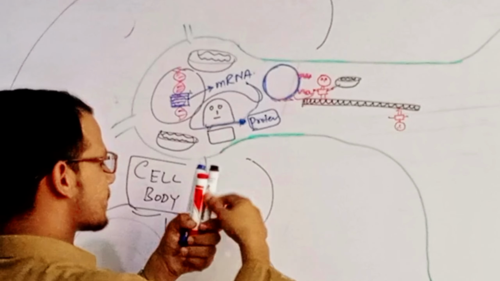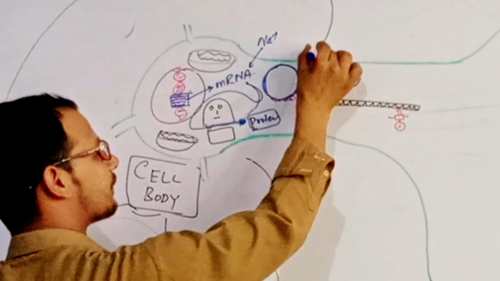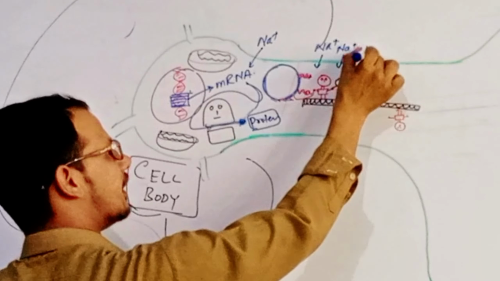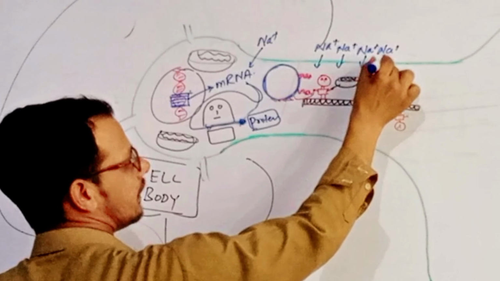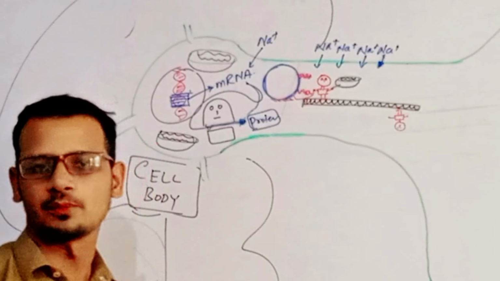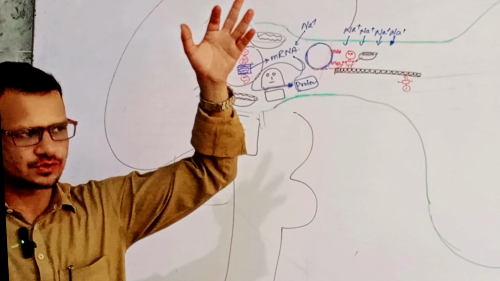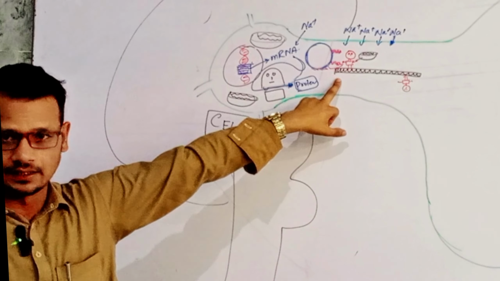And when this neuron is stimulated, what is meant by stimulation? Depolarization. Sodium goes inside, and here threshold potential takes place, and at last we have a minus 55 to plus 10 millivolt current.